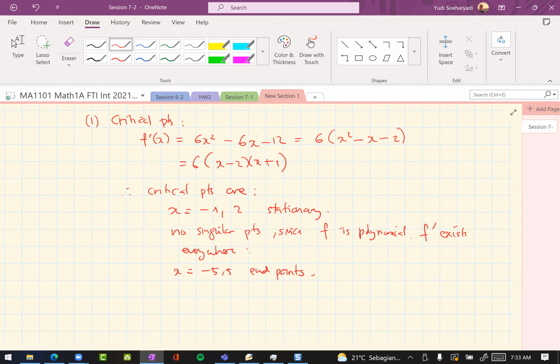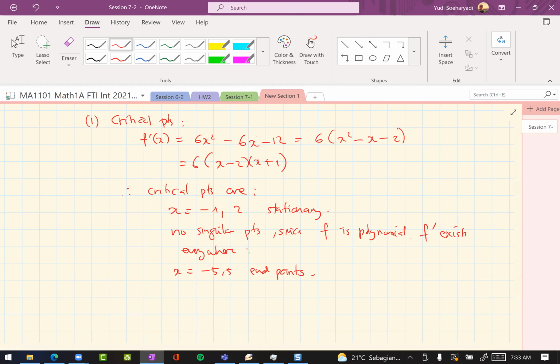The scale is not really important in this case. Just indicate this is for f prime. You can check the sign by plugging in numbers into f prime. For example, here you plug in 3. This gives you 3 minus 2 positive, 3 plus 1 positive, so you have plus here.